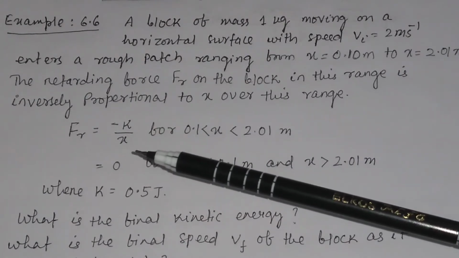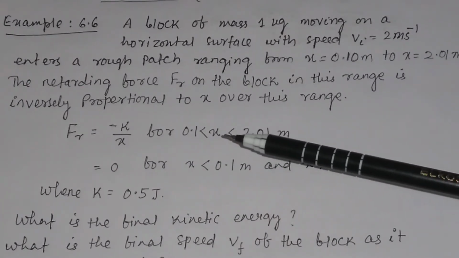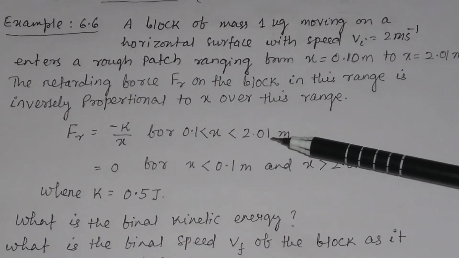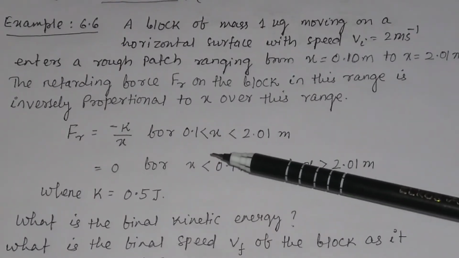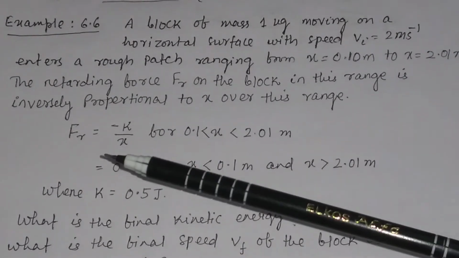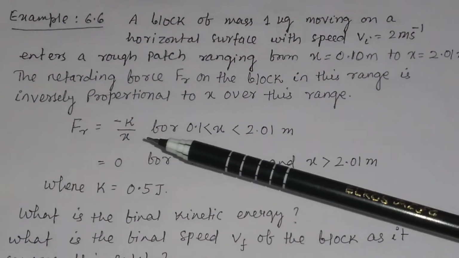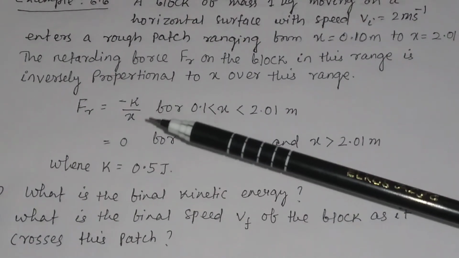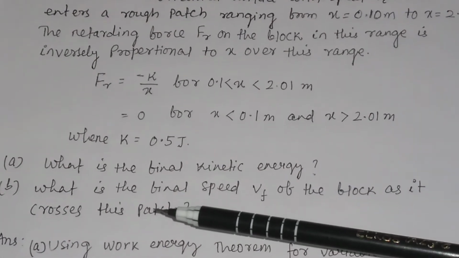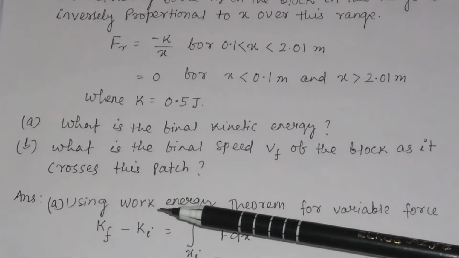This retarding force is for x between 0.1 and 2.01 meter. If x is less than 0.1 meter or more than 2.01 meter, the retarding force is equal to 0. Here the k value is given as 0.5 joule. The first question is, what is the final kinetic energy of the body? The second question is, what is the final speed of the block as it crosses this patch?